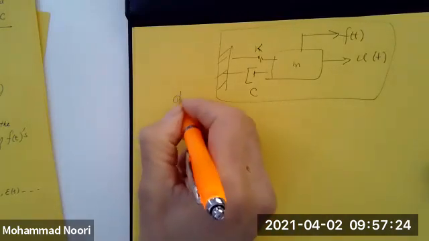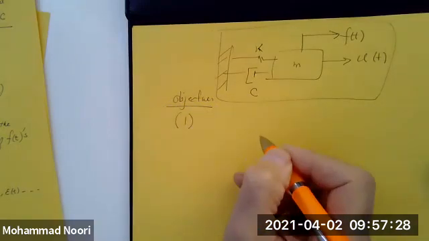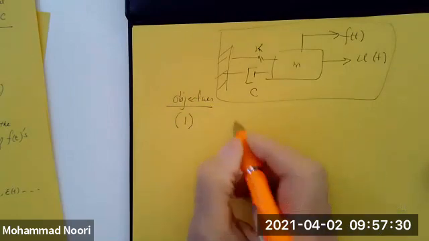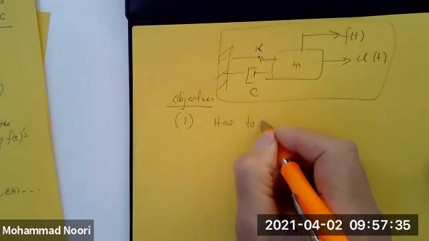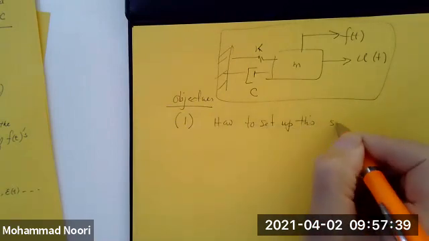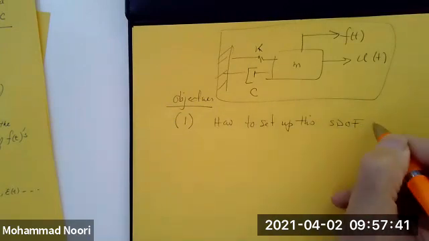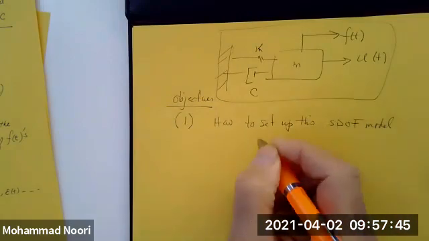Address these two objectives. The first and foremost, it is important to know how to set up this single degree of freedom model, okay?